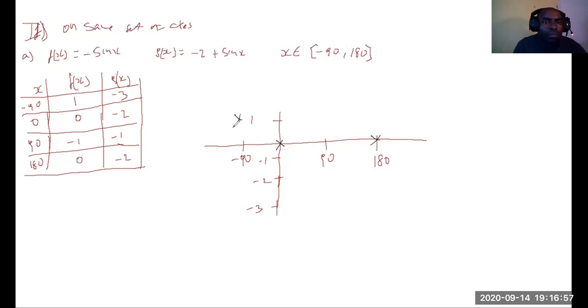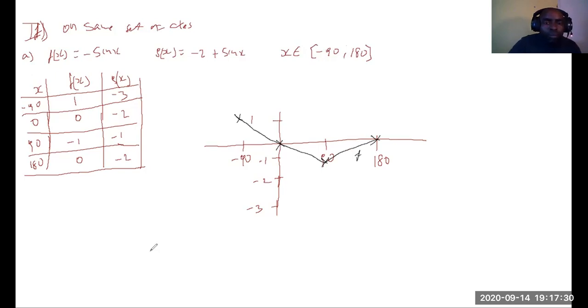And at 90, we have got negative 1. So we will go down here and then go up there. So now let's take another color. So this is our f. This is graph f.